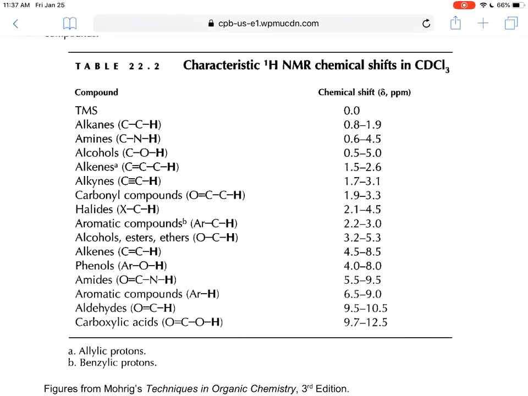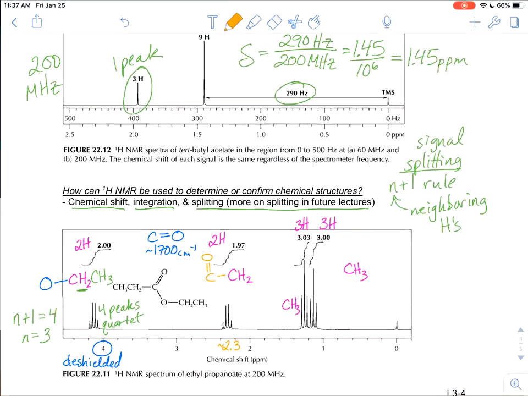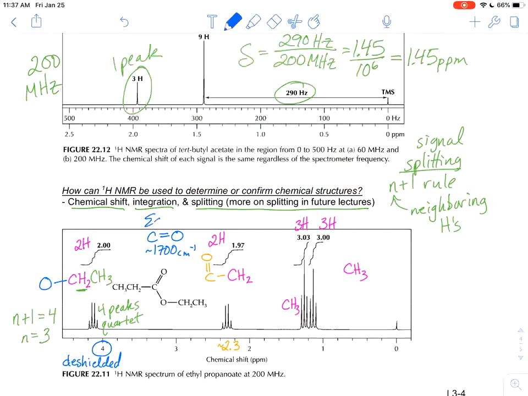Now, as you may be thinking, that's a lot to put together. This is something that comes through experience and also by knowing what you're looking for. So let's say in this particular spectrum, you were told that this was an ester functional group. That would give you an indication that this set of hydrogens here, because they have a chemical shift around 2.3, is next to that carbonyl.